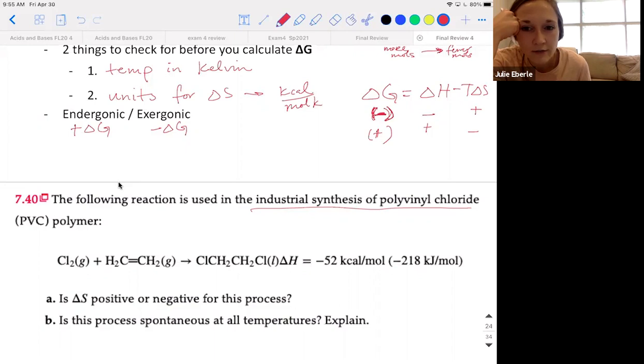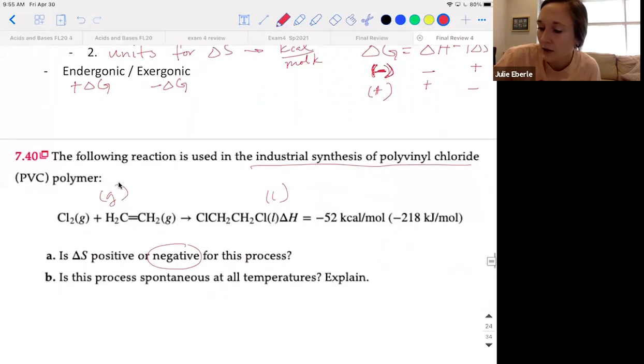You got a 50-50 shot. Yep, it's negative. You have everything that are gases on the reactant side. Product side, you just have liquids. Gases are inherently more disordered. The molecules have a lot more freedom and a lot more energy. Liquids are more ordered. So disorder is decreasing, so delta S is negative.